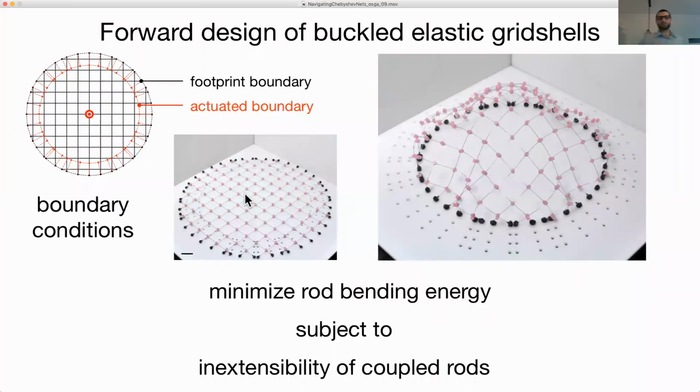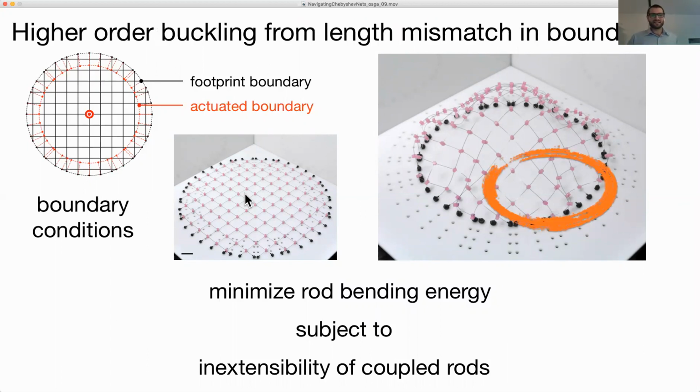So we went back to the drawing board and we said, okay, we have a beautiful way to do the forward design of buckled elastic grid shells, right? We have a simulation based on every rod, and using that, we can actuate the boundary and understand the shape as long as we minimize this bending energy subject to the inextensibility constraint. And at that point, because I had thought a little bit about Chebyshev nets, it started to come to my mind and said, okay, well, maybe we're getting higher order buckling because of a mismatch in the inextensibility constraint of each of the individual rods.